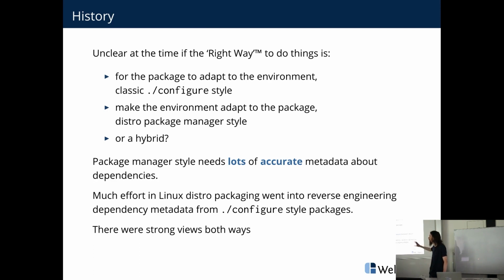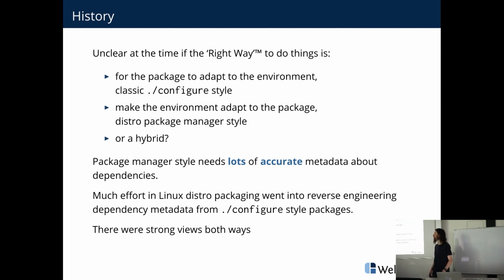That was already known at the time. So if you were starting a new system, you could start with something where the package author needs to supply accurate metadata, rather than this labor-intensive process of distro package maintainers trying to figure out what the dependencies are. And as I say, it was actually a controversial question.